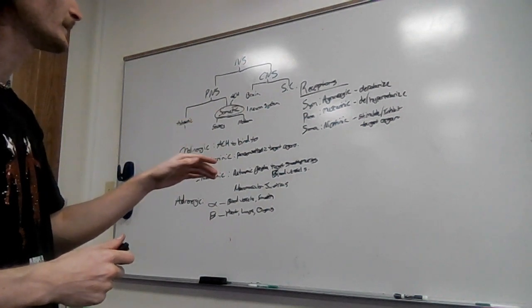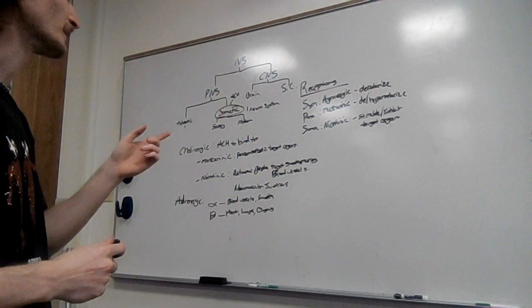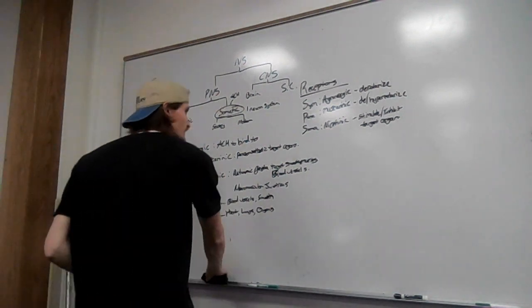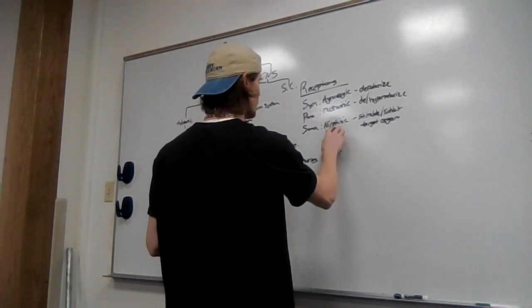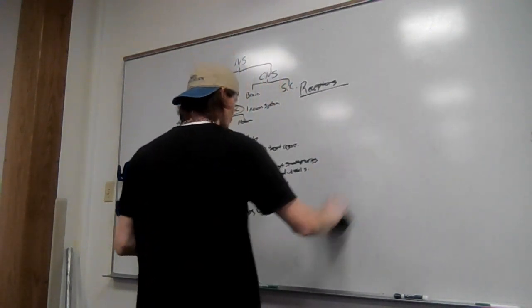For nicotinic, it's going to want to depolarize. For adrenergic, it's going to want to stimulate. I think I wrote that backwards, but this is actually it, right here. So I'll just redo it.